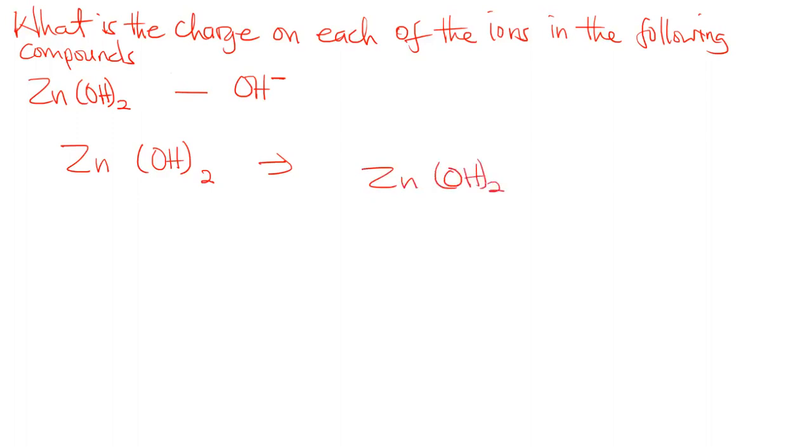Since you have two of these, but each one has a negative one, so you are going to have 2 times -1 charge, because there are two of them, which gives you -2.